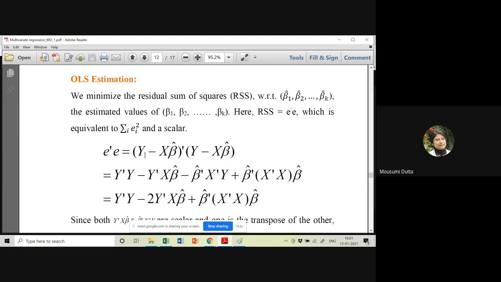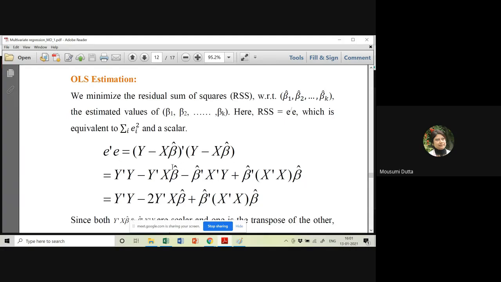Then y transpose times the second term, x beta hat, gives y transpose x beta hat, with a minus. Then multiplying with beta hat transpose x transpose gives beta hat transpose x transpose y, and finally plus beta hat transpose x transpose x beta hat.